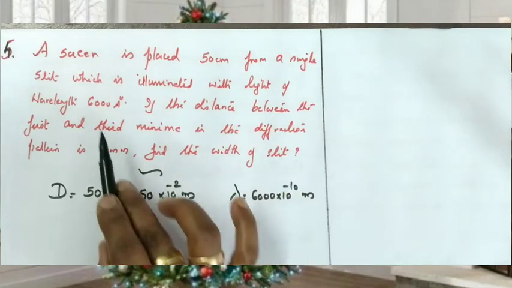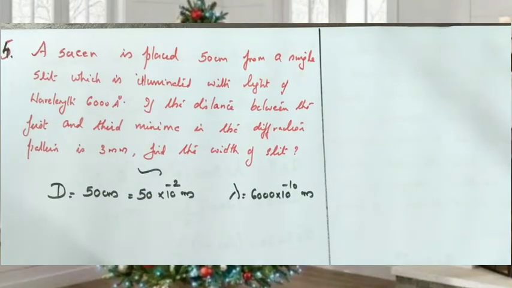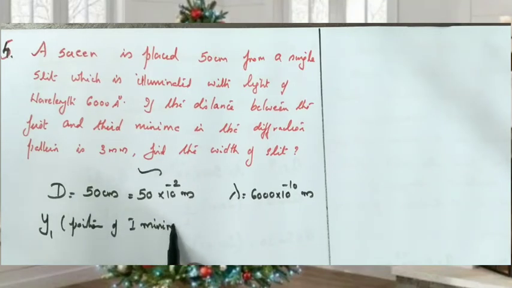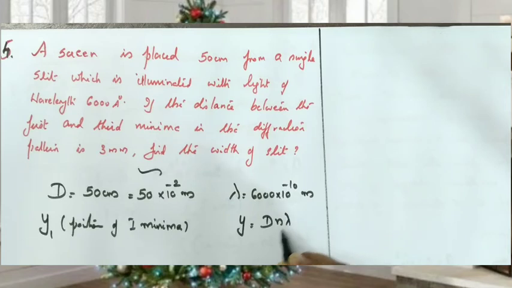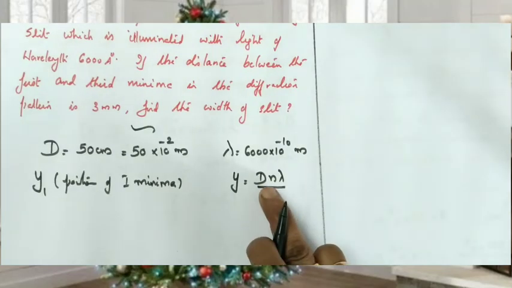The distance between the first and the third minima of the diffraction pattern. What is the position of the first minima? We have the position of the minima, y equal to nD lambda divided by a. The position of the minima is nD lambda by a.